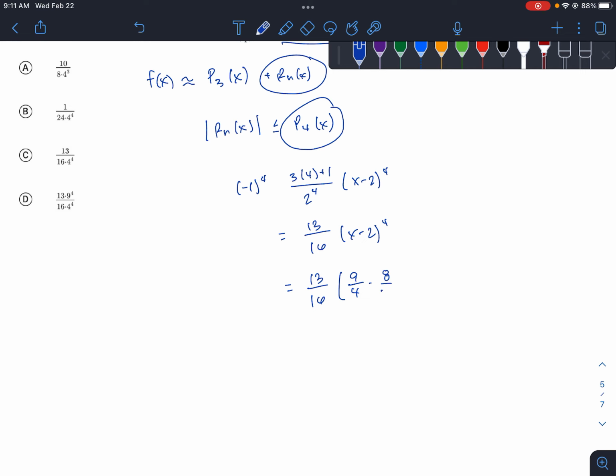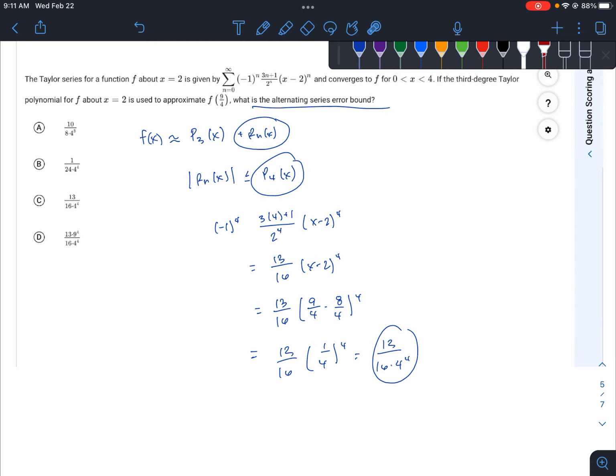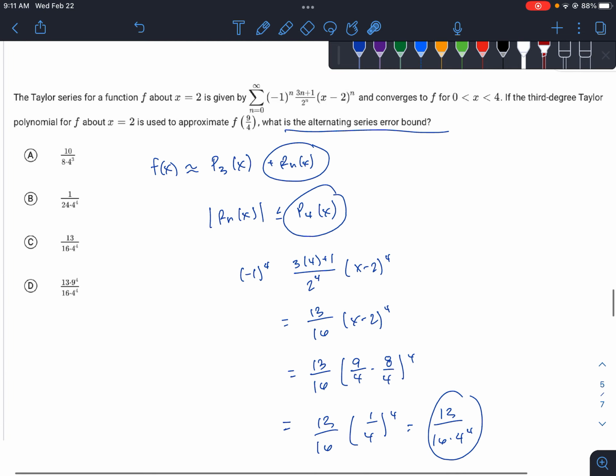Now 2 is 8 over 4. So we get 13 over 16 times 1 over 4 to the fourth, which is equal to 13 over 16 times 4 to the fourth. So that's the maximum my error can be, and there we go, that's C. Again, just to sum up what we did, we're using p sub 3.